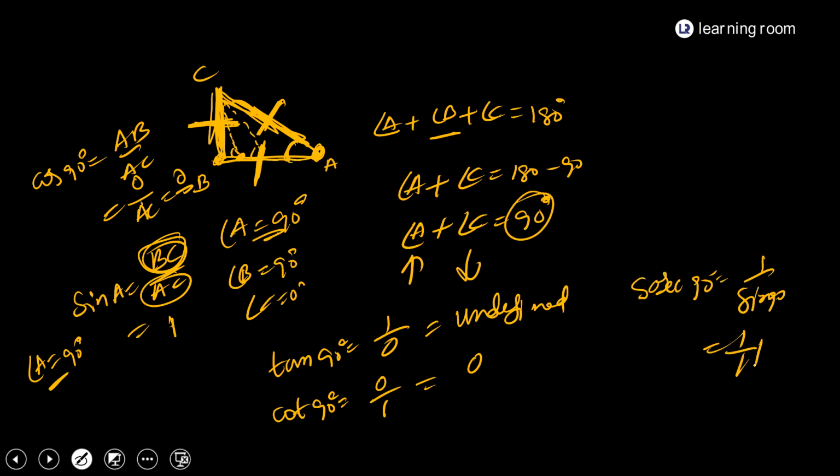What about secant 90? Secant 90 equals 1 by cos 90 equals 1 by 0, which is undefined. Clear? Now we got the values for 0, 30, 45, 60, 90 in sequence. That's it.